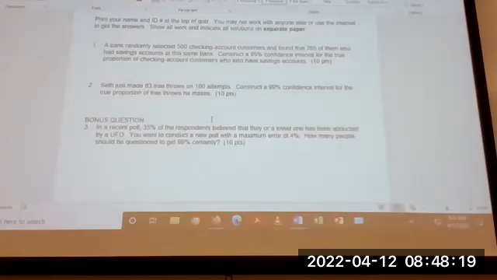No, this is completely unrelated. This has nothing to do with today's lecture. This is from last lecture. You're doing an interval for the probability. This is 0.57, 57%. So your answer is going to be that number, p hat, plus or minus the error.